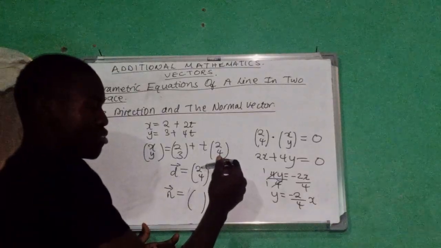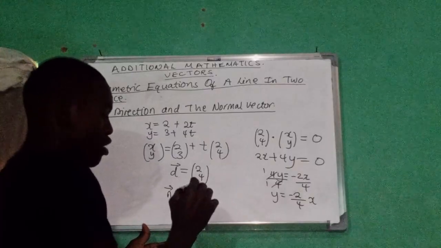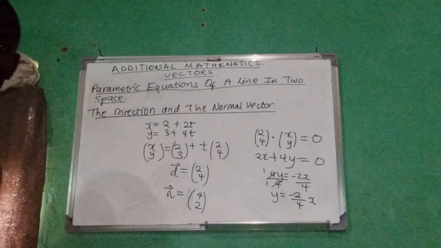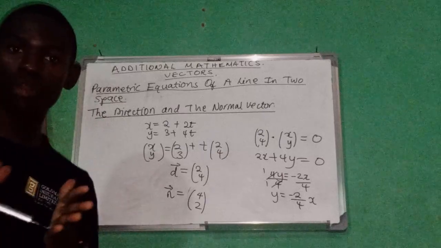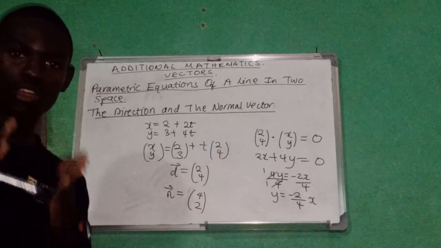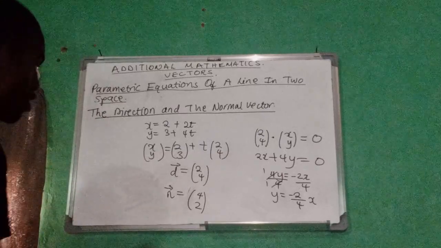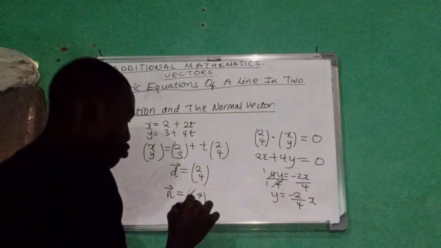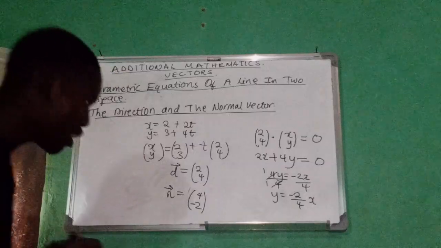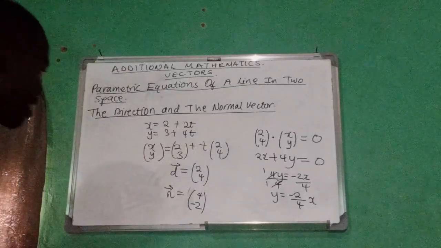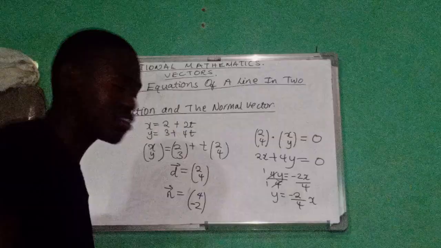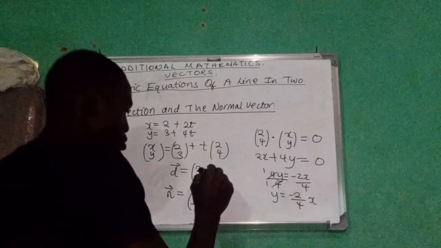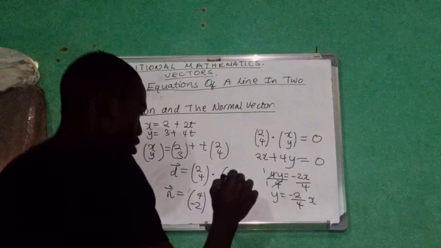The 4 goes up and the 2 goes down: (4, 2). And you make any of them negative. If you want, you can make the 4 negative or the 2 negative. I'll choose to make the 2 negative, so this is (4, negative 2).